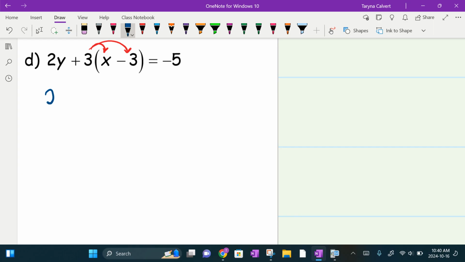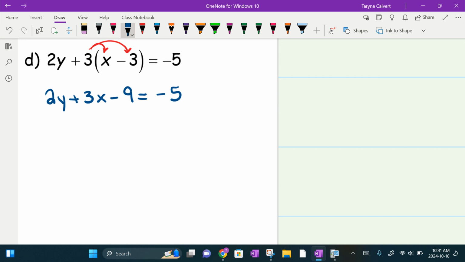So I'm going to get 2y plus 3x minus 9 equals negative 5. So for this one, I have 2 terms I have to move. Do you guys agree? We have to get rid of the 3x to the other side, and we also have to get rid of the minus 9. So 2 terms we have to move.